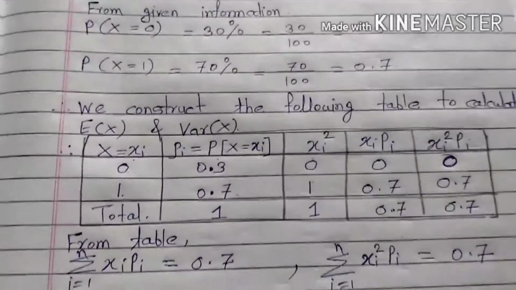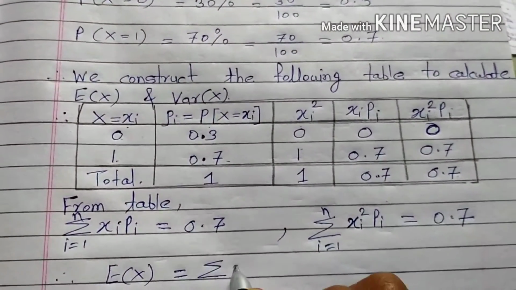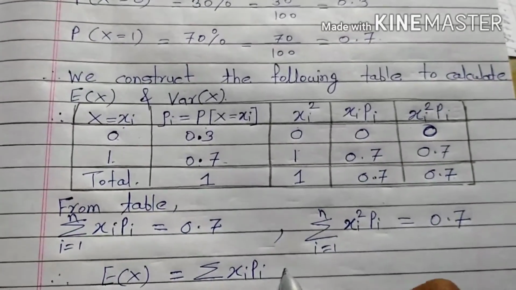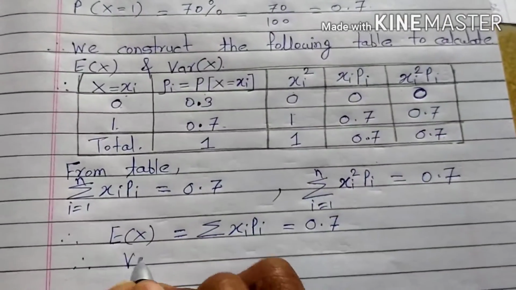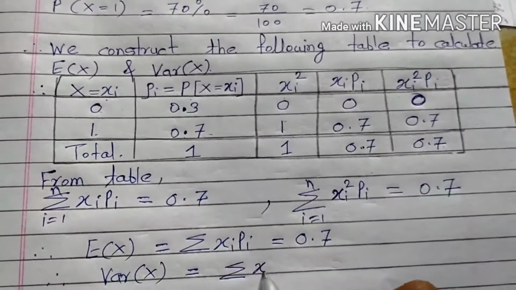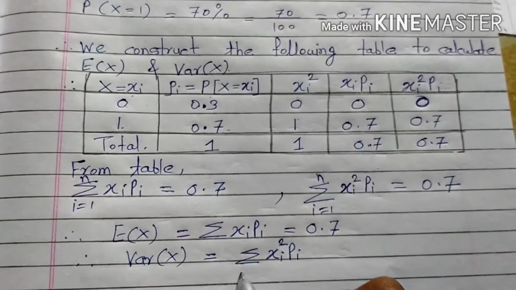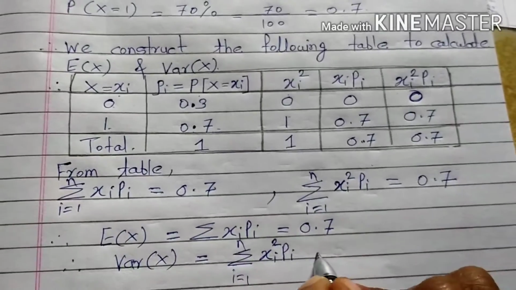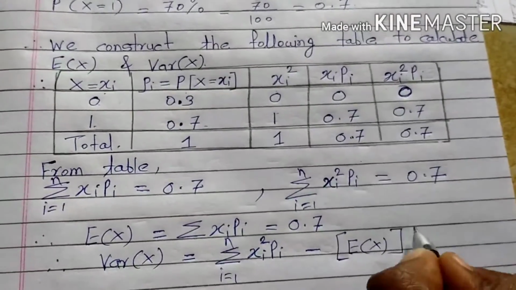So therefore expected value is equal to summation of xi pi, which is equal to 0.7, and therefore variance of x is equal to summation of xi square pi, where i runs from 1 to n, minus E(x) whole square.